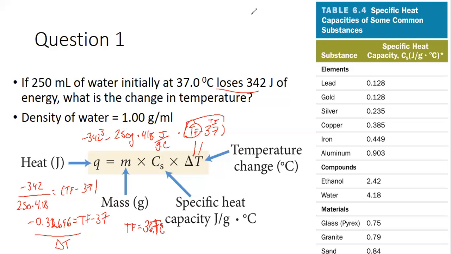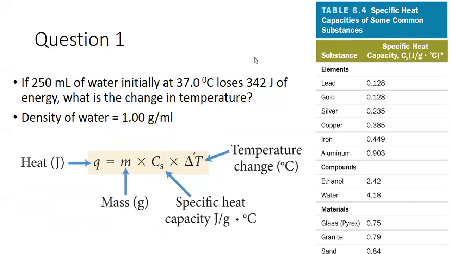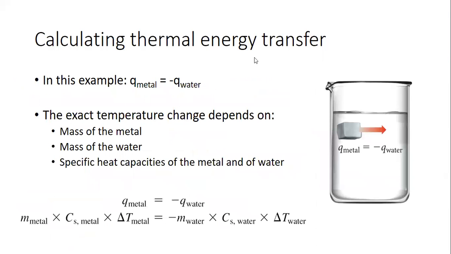All right, moving on. We can use this idea of specific heat capacity in calculating transfer of thermal energy between two different substances. Let's say I have a slab of metal, as shown here, and it's hot, and I put it in water.